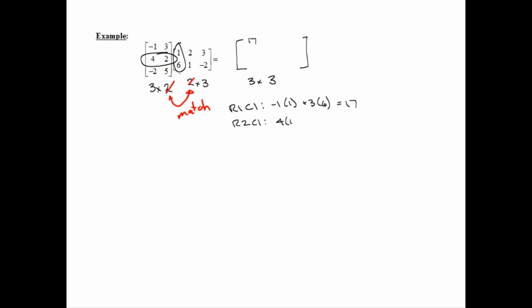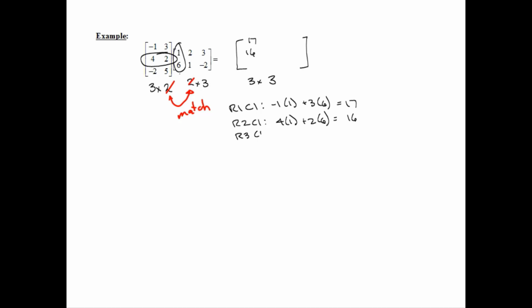So that'll be 4 times 1 plus 2 times 6, which is 4 plus 12, which is 16. So since we did row 2, column 1, it's going to go into row 2, column 1 over here. So you can do these in whichever order you like, as long as you put them in the right places based on the row and column that you used to come up with it.